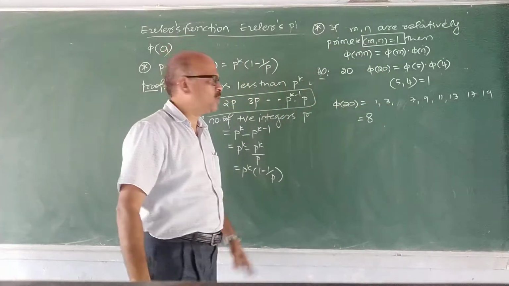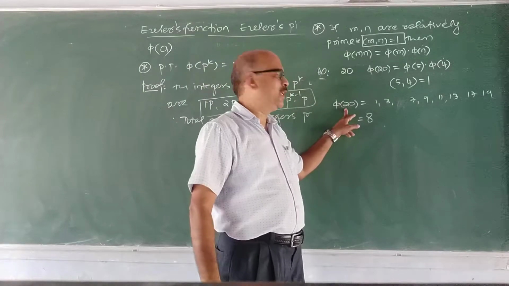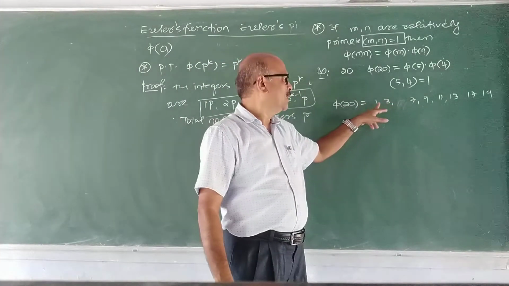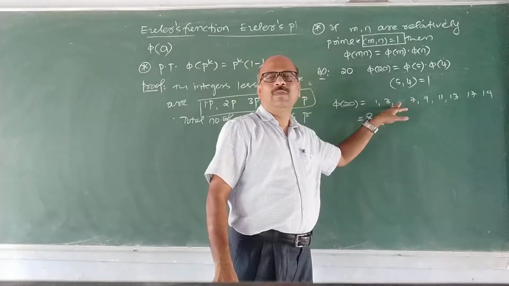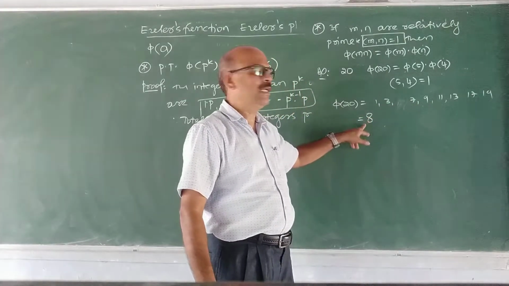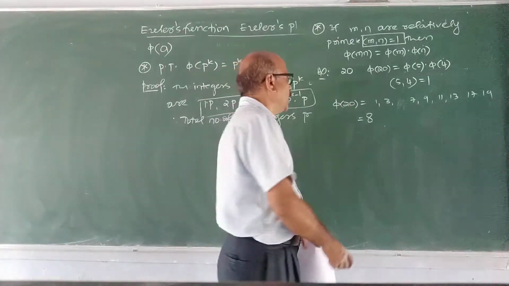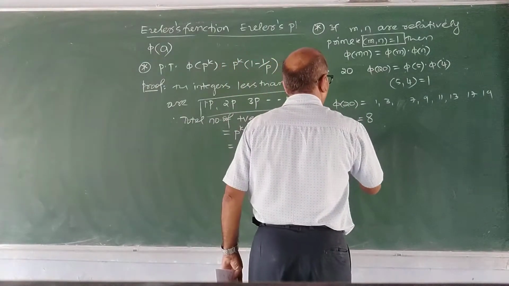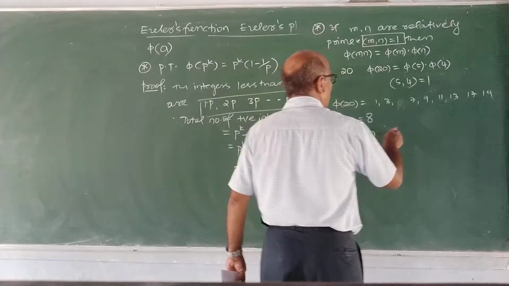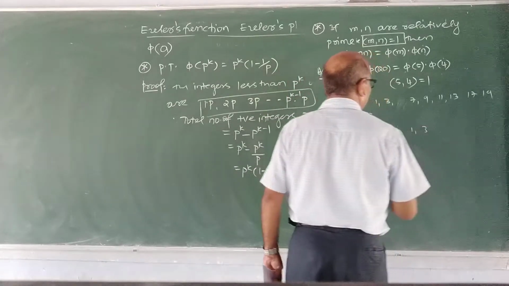Phi of 20 means the numbers relatively prime to 20 and less than 20. I have listed them here: 1, 3, 7 and so on. Totally, how many are there? 8. That is called phi of 20. Now take phi of 4. What is phi of 4? Phi of 4 is 2, because 1, 3.